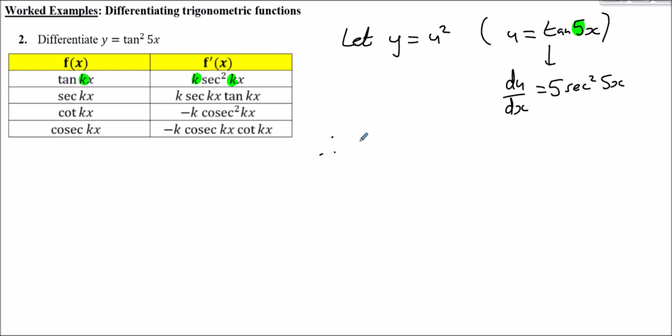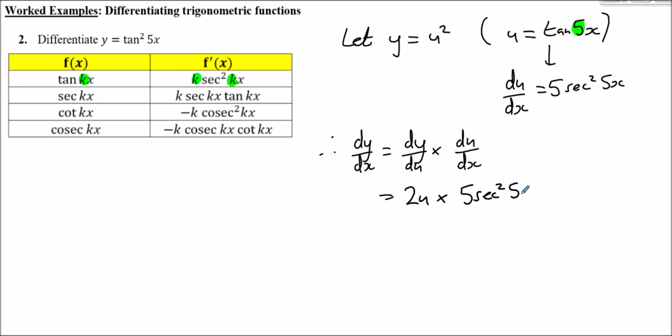So therefore, dy by dx, using the chain rule, is dy by du multiplied by du by dx. So if y is u squared, if I differentiate y with respect to u, bring the power to the front like we knew from year 12, dy by du is simply 2u, and du by dx, like we've seen, is 5 sec squared 5x by using these results in the formula book.